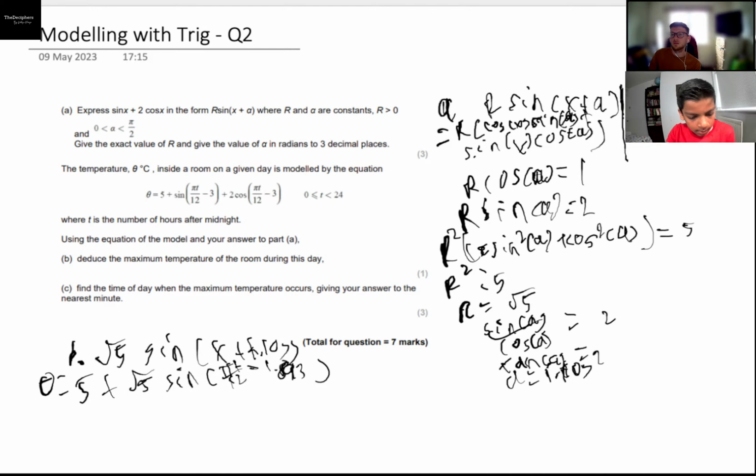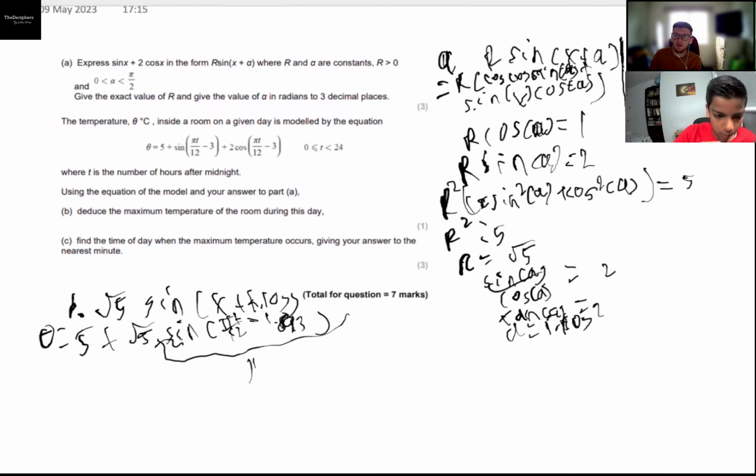Just a reminder, if you're watching and you've got any questions, do just ask in the chat, or if you have a different way of solving them, do just ask anything in the chat. So the maximum value of the sine term, that's pretty easy. It is 1. Good. So if we put that into the whole equation, that is 5 plus root 5.